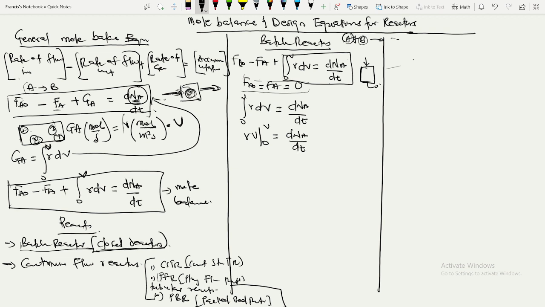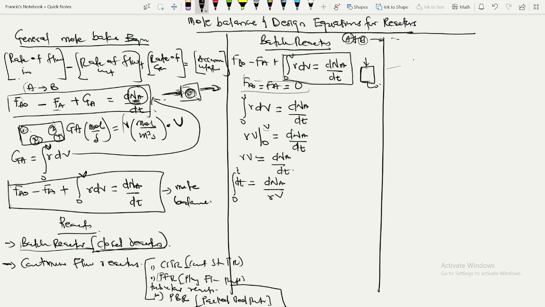And then we are going to have upper limit minus lower limit. So rV minus r times 0, that will be 0. So this should be equal to dNA over dt. So we can make dt the subject, and then we'll be getting dt is equal to dNA over rV.